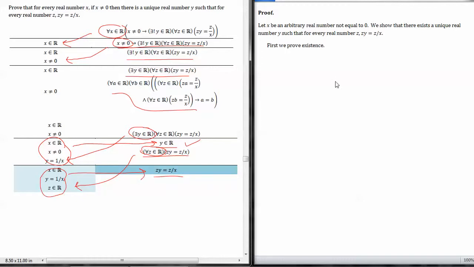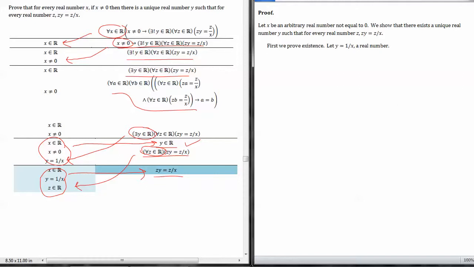Okay, so we prove existence, so we said let y equal 1 over x, and let me just say that that is a real number, hoping that my reader remembers that x is non-zero. You can put that in there again if you want to be sure.